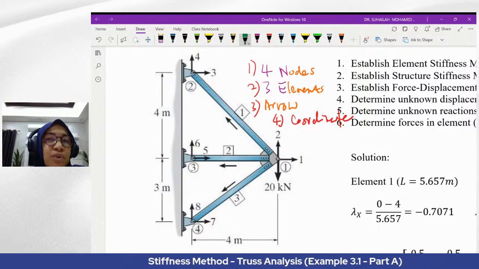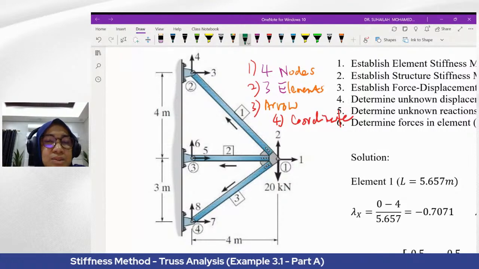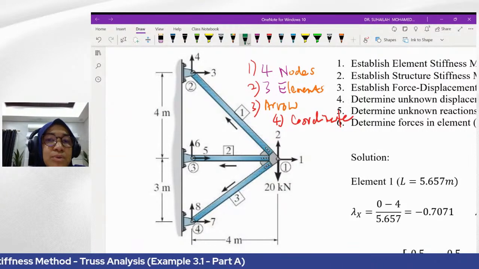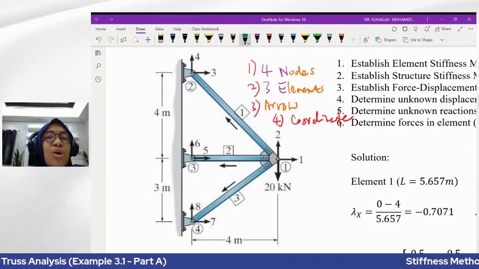From these four nodes that we can see in this truss, we have to choose one node as origin.